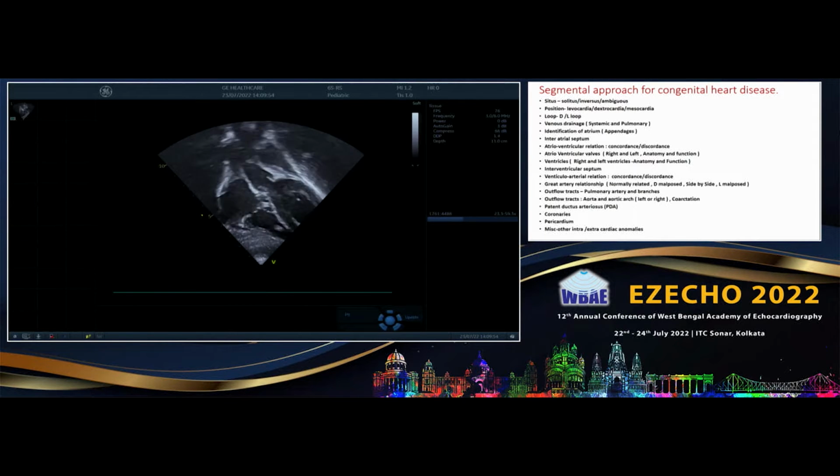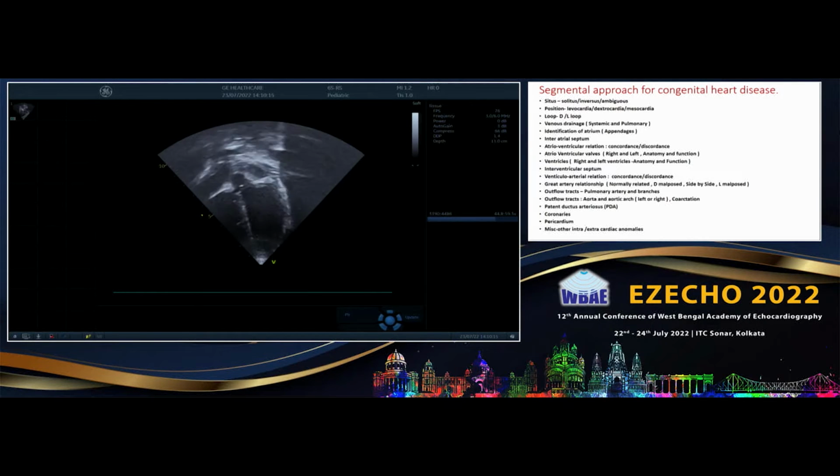Another is the LV outflow tract, in which you can see the sweep. This is the apical four-chamber view, and if you tilt more anteriorly, you can see well the great artery which is coming out and which has the coronaries attached to it.